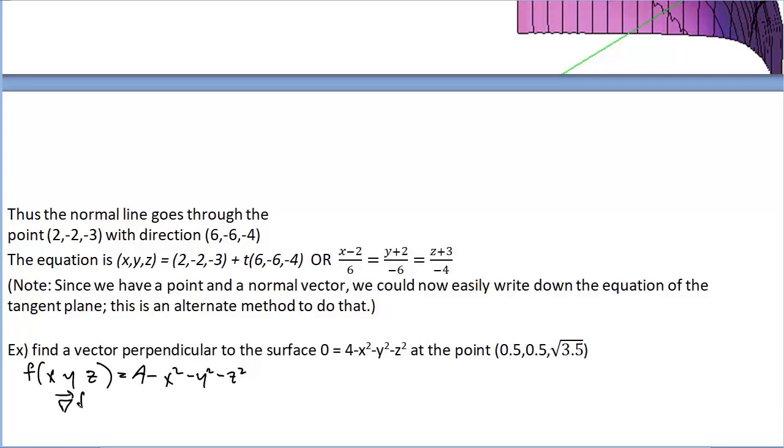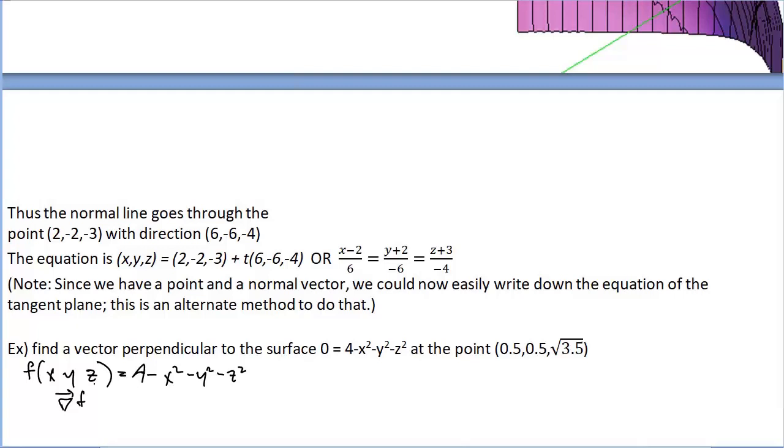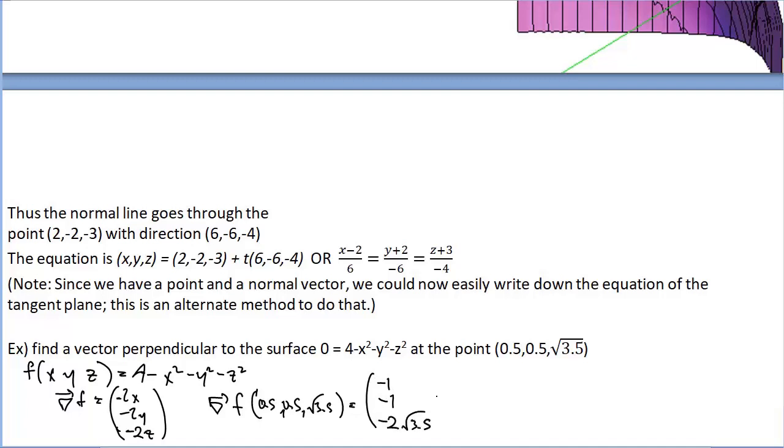So now we can just find the gradient. The gradient of f equals (-2x, -2y, -2z). But of course we want the gradient at our point. So the gradient at our point is, and now we just plug in, (-1, -1, -2√3.5).